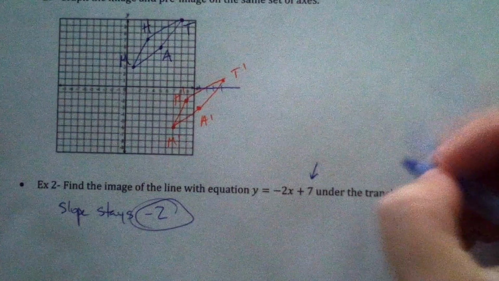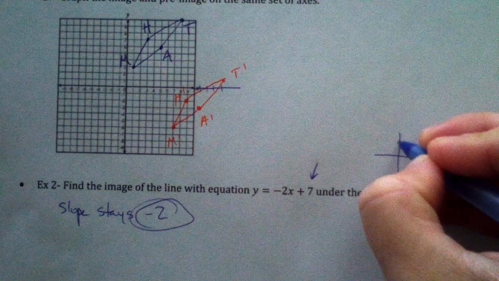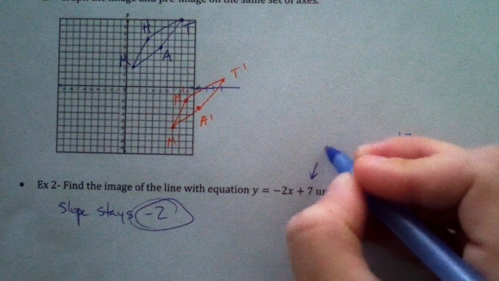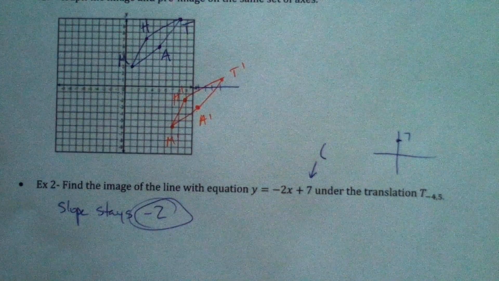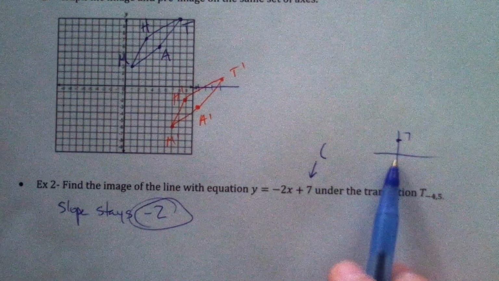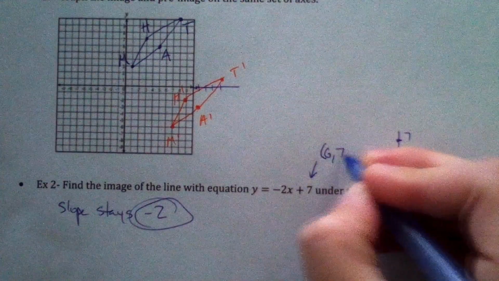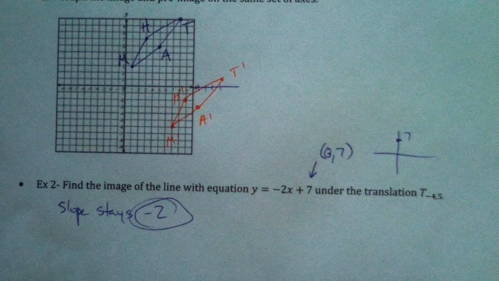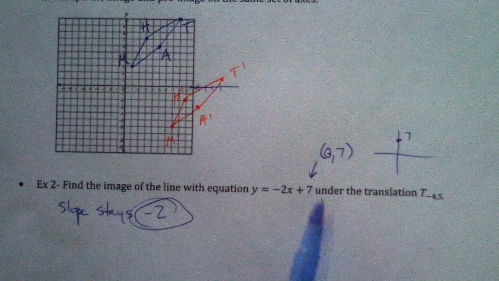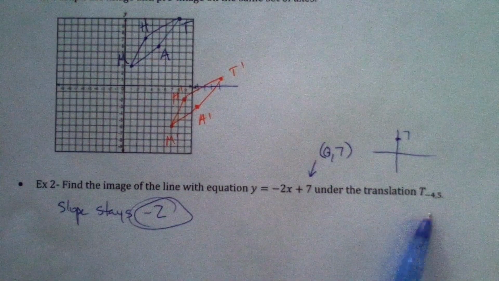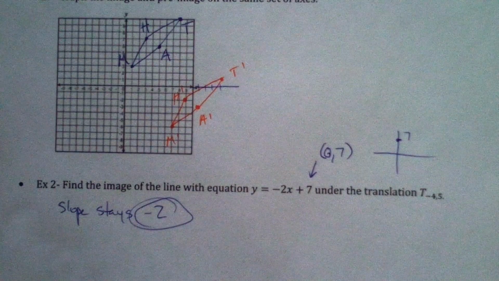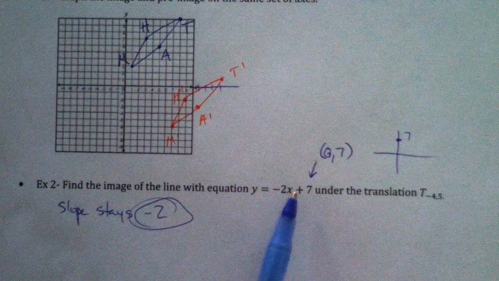So if we go translation of -4, 5 on that ordered pair 0, 7, we're going to see what we get kicked out. So again, basically you're just subtracting 4 from your x coordinate, adding 5 to your y coordinate, so 0 minus 4, -4, and then 7 plus 5, 12. So that would be a new point under that translation.